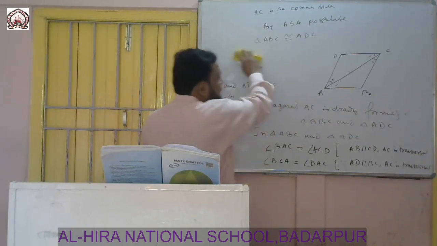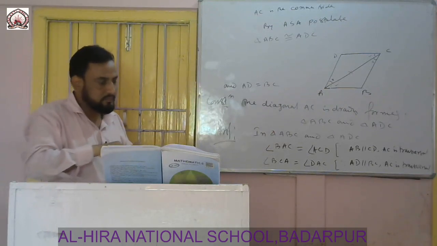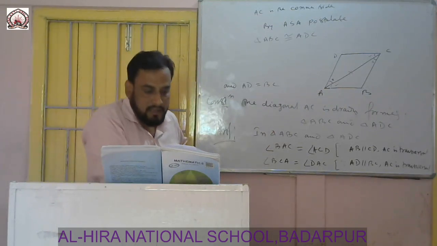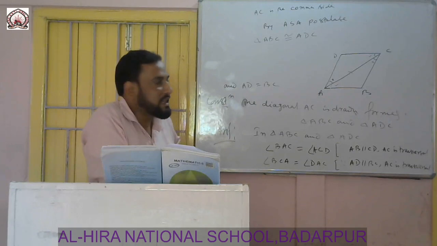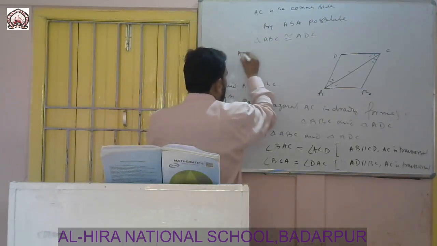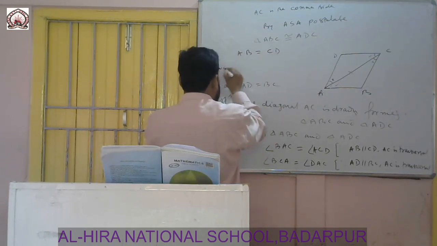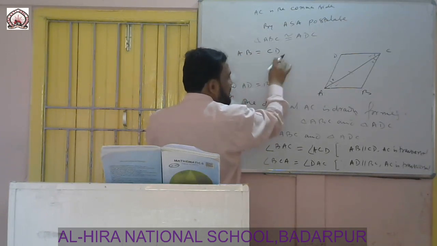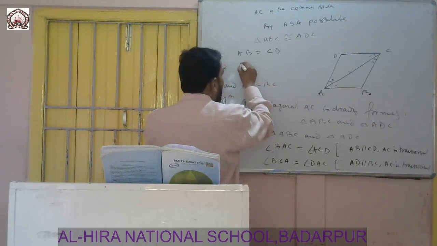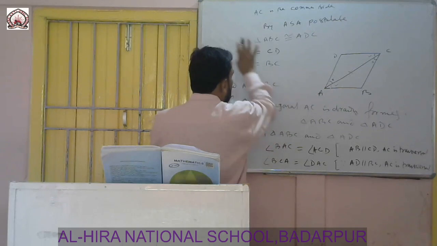After getting the triangles as congruent, we can say that AB is equal to CD, and AD is equal to BC.